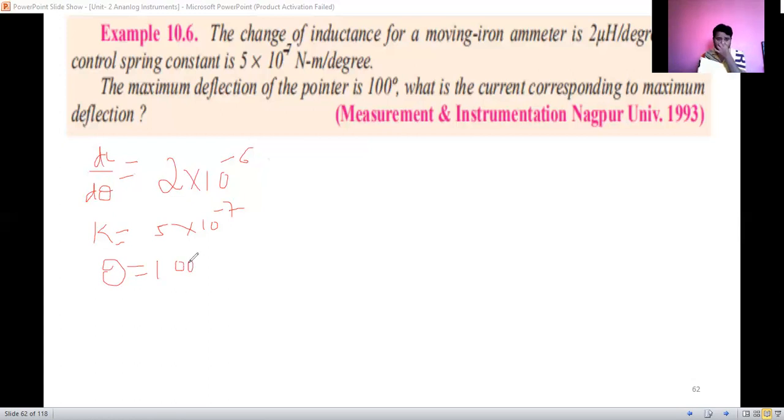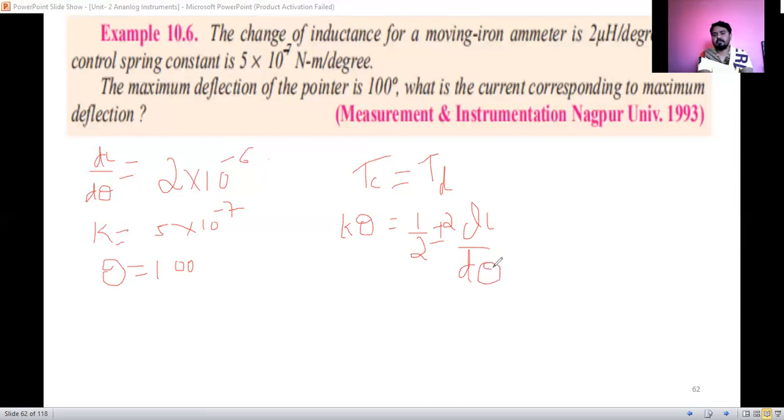These three parameters they have given. Already you know the formula, TC equal to TD. Does everyone know the TC equal to TD formula? So TC equal to K theta, and TD equal to 1 by 2 I square dL by d theta.